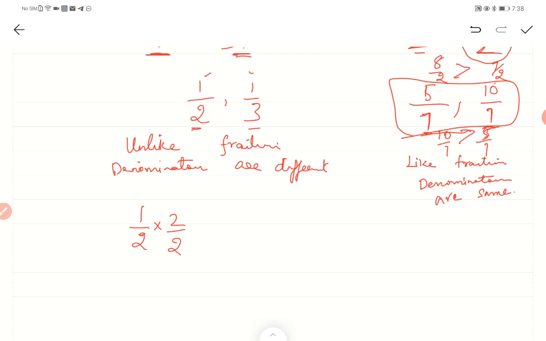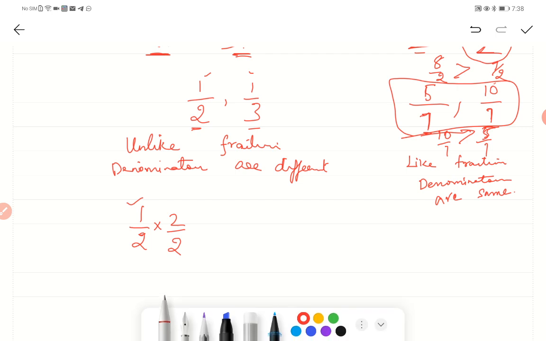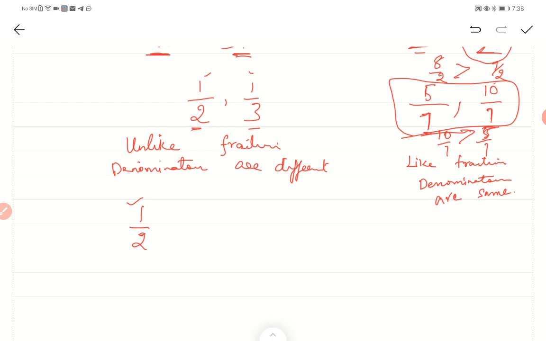1 by 2 is your original fraction, so I want to make it like the other. You need to check what you multiply with 3 and what you multiply with 2 to get the same number. If I multiply 2 with 3, I will get 6 in the denominator, and if I multiply 3 with 2, I will get 6 again, isn't it?